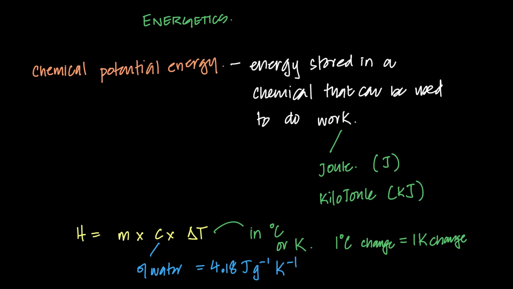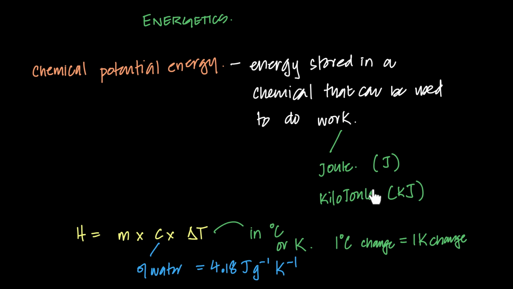Now in chemistry, we tend to use grams because most molar masses are in grams. We deal with smaller quantities, but the SI unit for mass is obviously kg. So you might know the specific heat capacity of water as 4200 joules per kilogram per Kelvin, but this is per gram per Kelvin. So in chemistry, we tend to use gram as the unit.